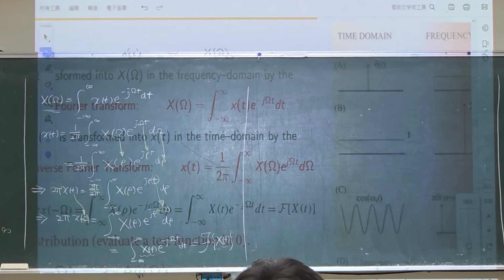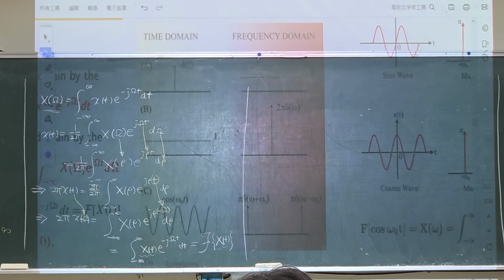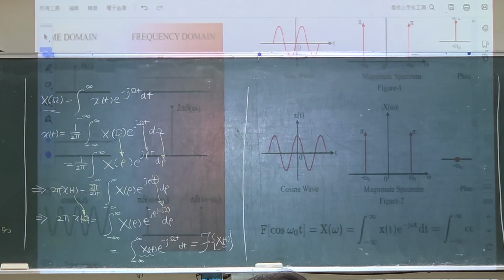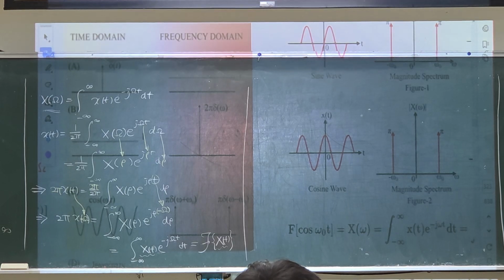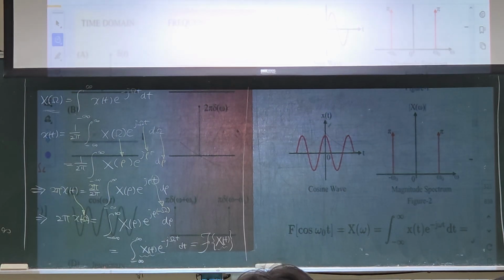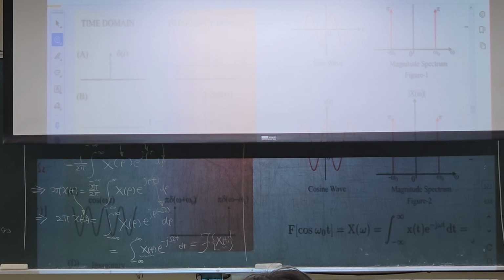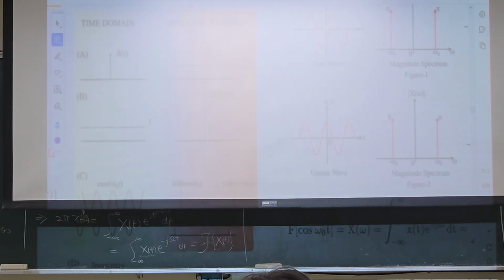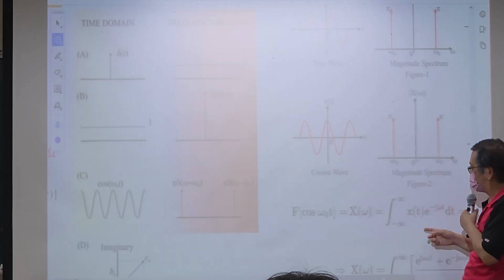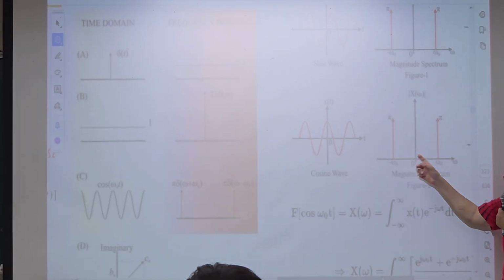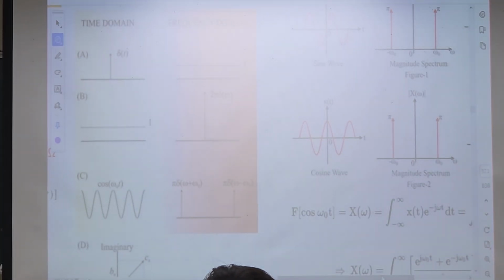Okay, another important function we have to know is the cosine function, the sinusoidal function. The Fourier transform of a cosine function equals the sum of two impulse functions. Where does that come from?